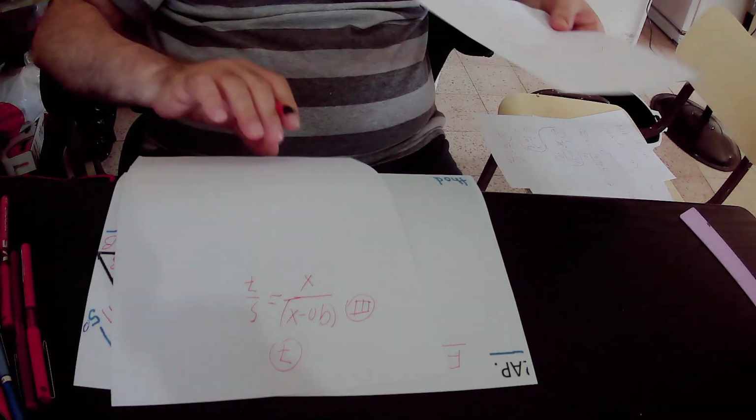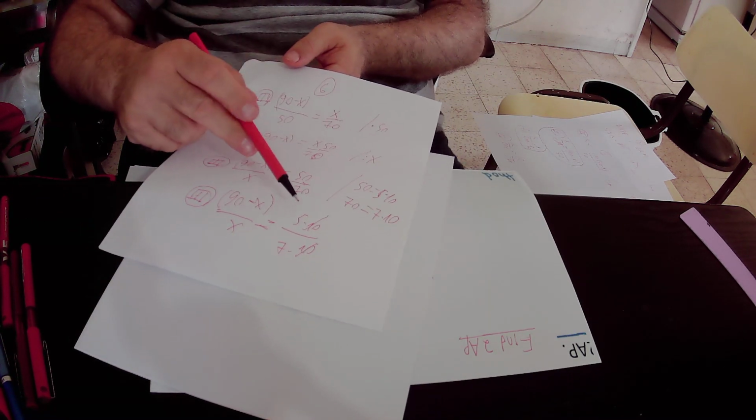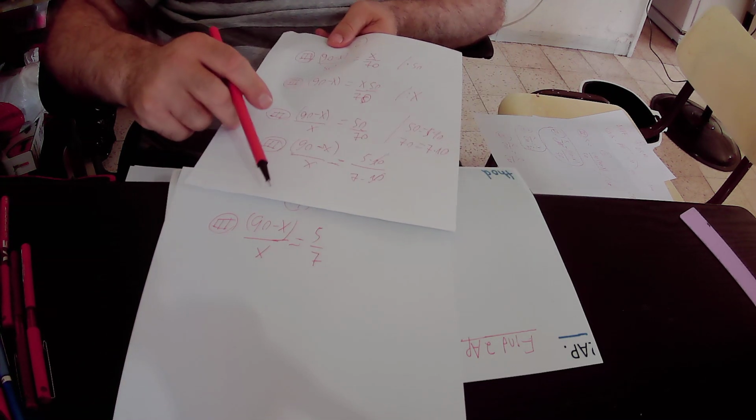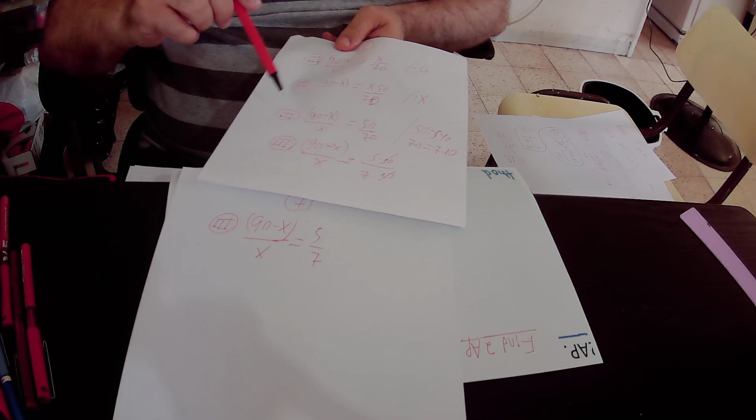Okay, we cancelled 10, so we have 90 minus X over X equals 5 over 7.